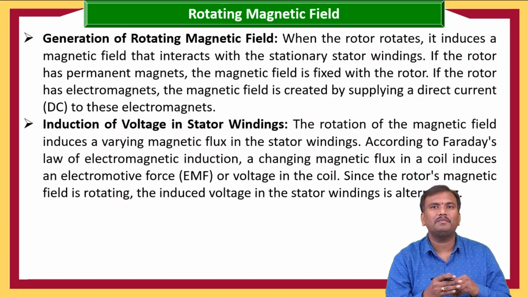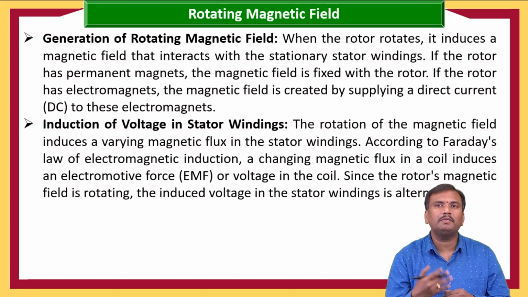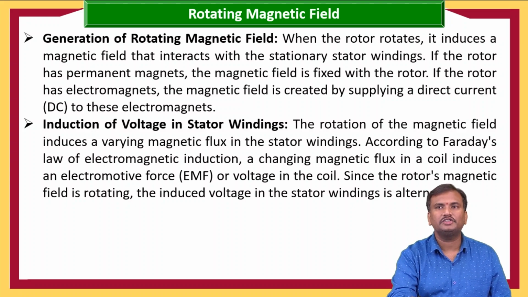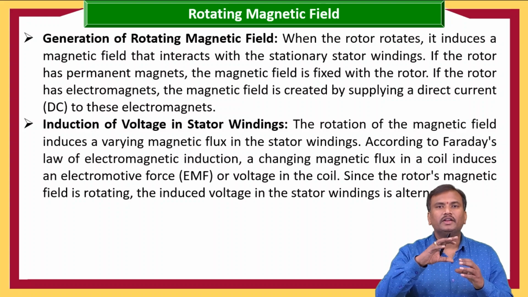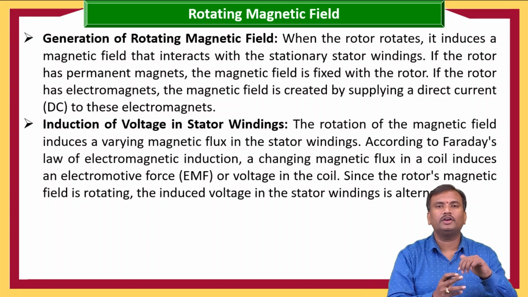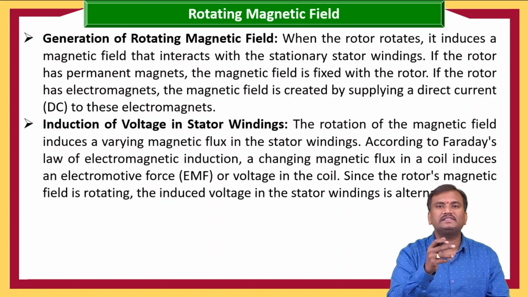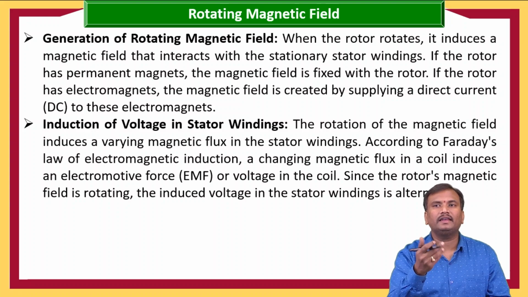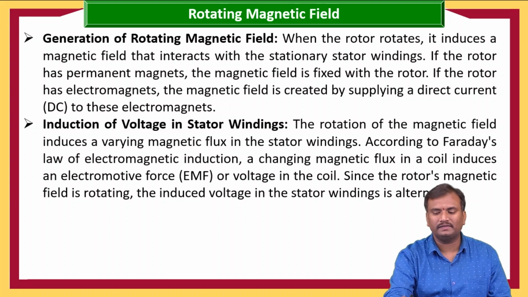So the rotation of the magnetic field induces varying magnetic flux in the stator windings, because once the rotor is rotating, different parts of the rotor have different flux distribution. Because of that, a varying magnetic flux is produced in the stator windings.